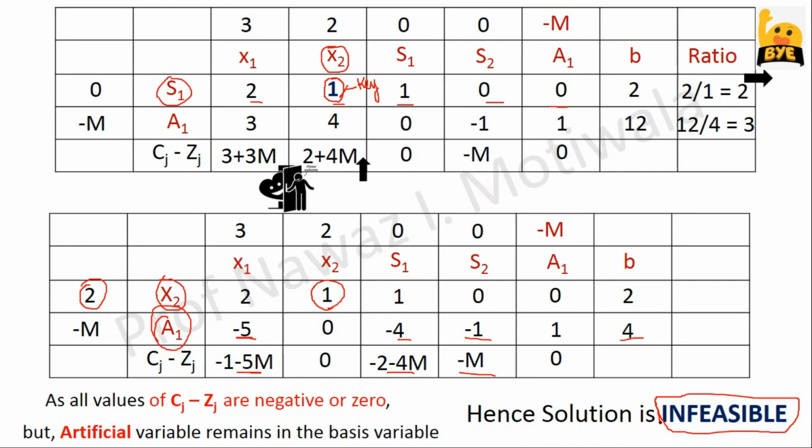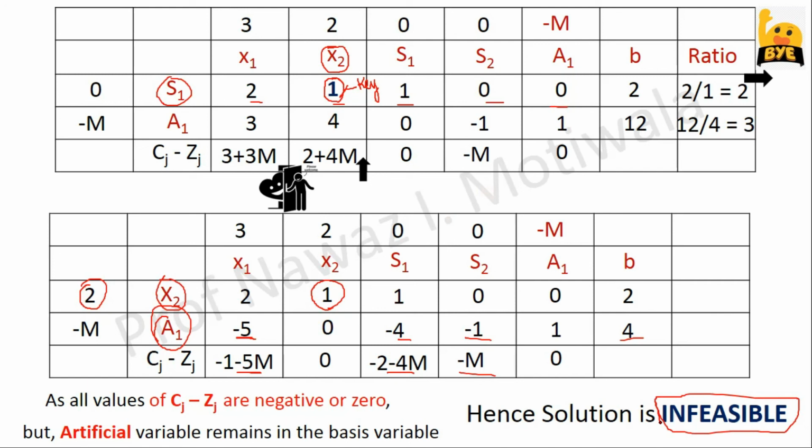So till now we have seen all the 4 cases of simplex. The first one was the alternate optimum solution, in which the Cj minus Zj value for a variable apart from the basic variables comes out to be 0. In the second case, we have seen degeneracy, wherein the ratio column has 2 or more same values, so that will be termed as a degenerate solution.